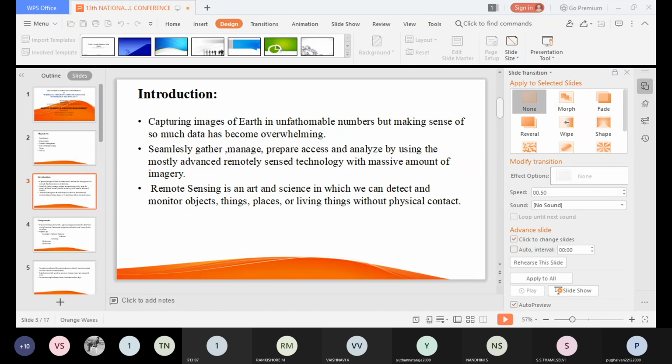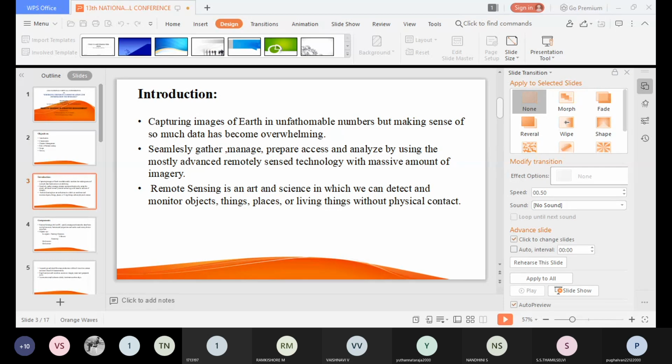So we can easily analyze the spatial data and geomorphological places in the earth using the images. Remote sensing is an art and science in which we can detect and monitor objects, things, places, or living things, or even a phenomenon without making physical contact with them. So without physical contact, we are able to capture the image of particular things.